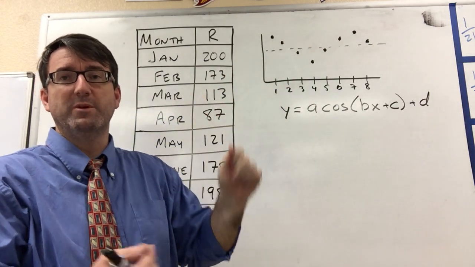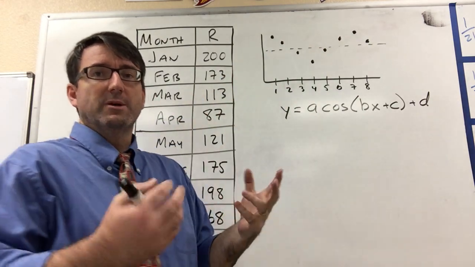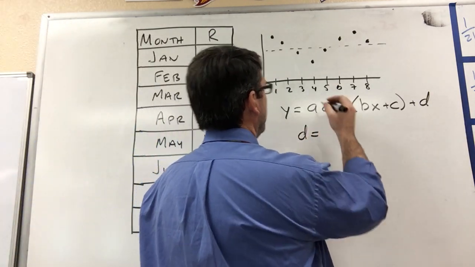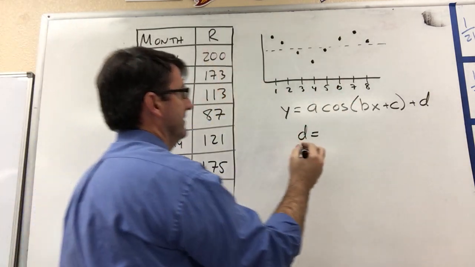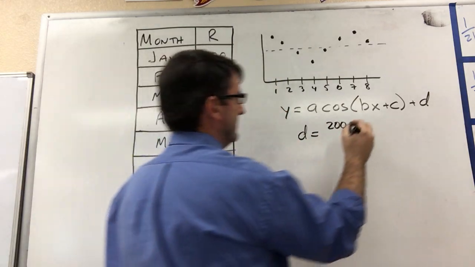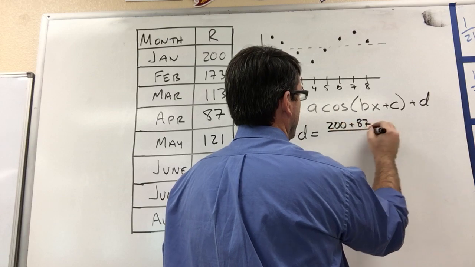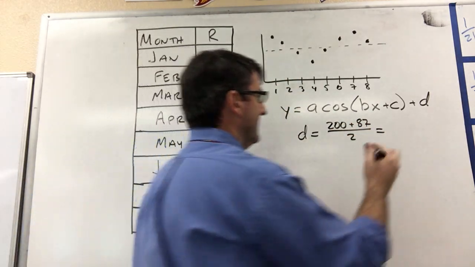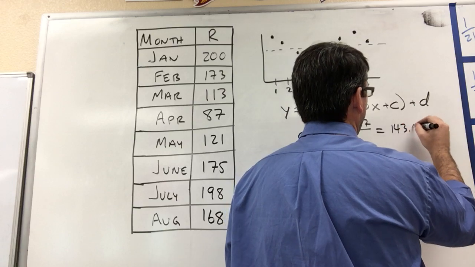It's going to be halfway between them. So d is equal to the maximum, which is 200, plus the minimum, which is 87, divided by 2. That'll give us the average of those two, and that's 143.5.